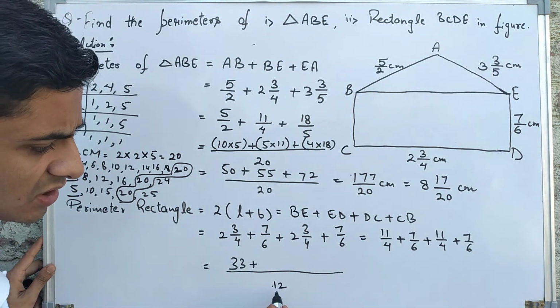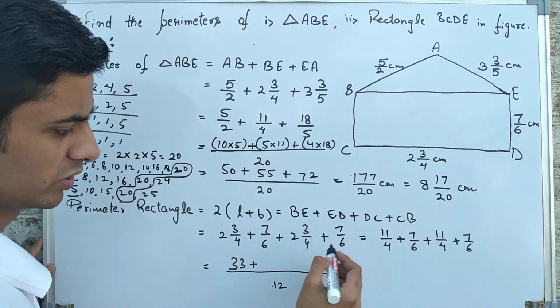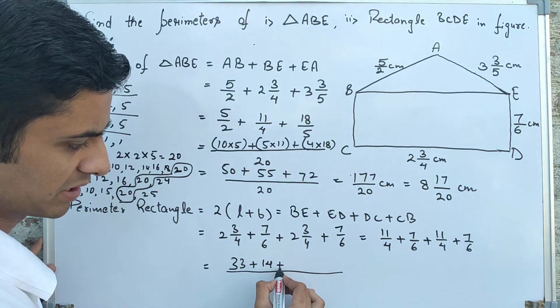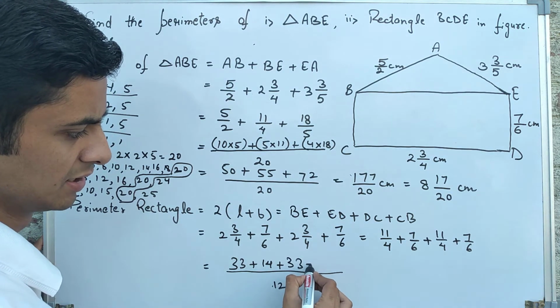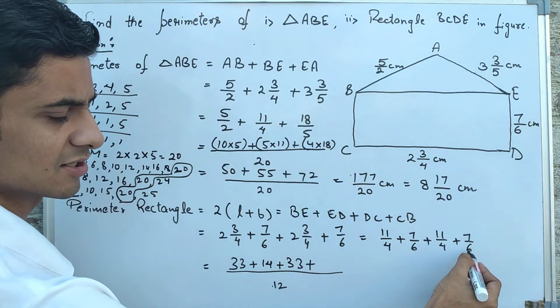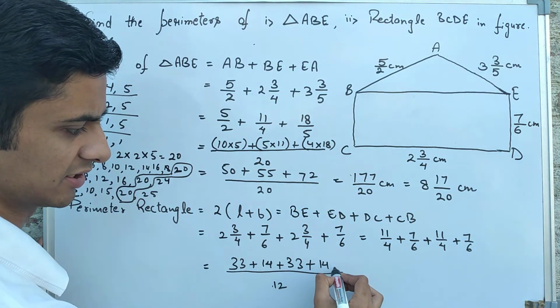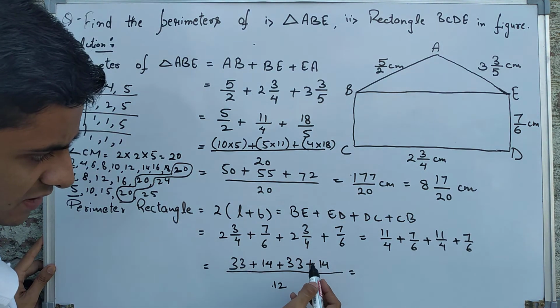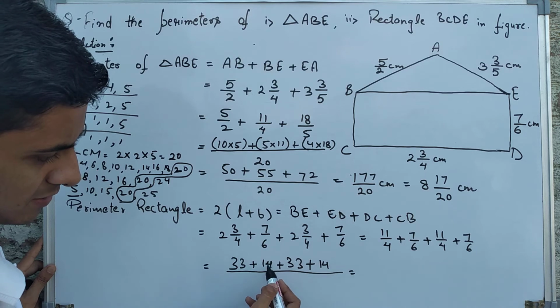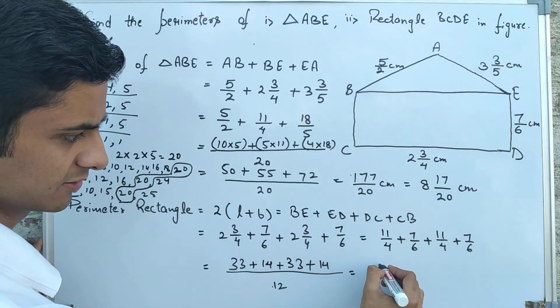Plus 12 divided by 6, 2. 2 into 7, 14. Plus 12 divided by 4, 3. 3 into 11, 33. Plus 12 divided by 6, 2 into 7, 14. It comes out to be, okay, 4 plus 3, 7. Plus 3, 10. Plus 4, 14.